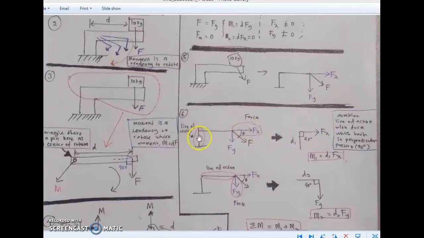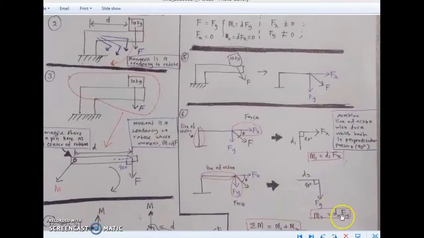The line of action for Fx is this one, and the force is this one. Remember, the line of action and the Fx must be at 90 degrees, or in a perpendicular position, for moment cases. So M1 is equal to D1 multiplied by Fx. For the Fy component, this is the line of action and this is the force.